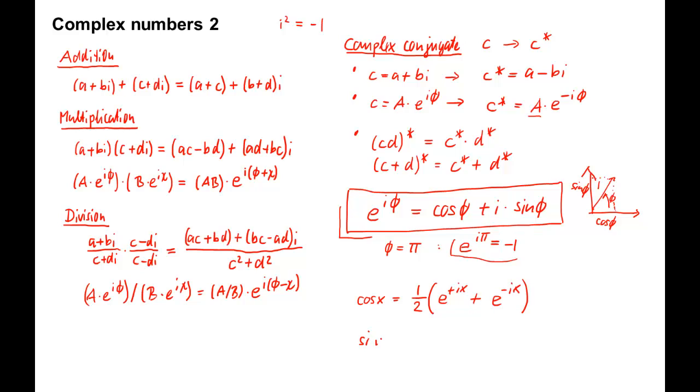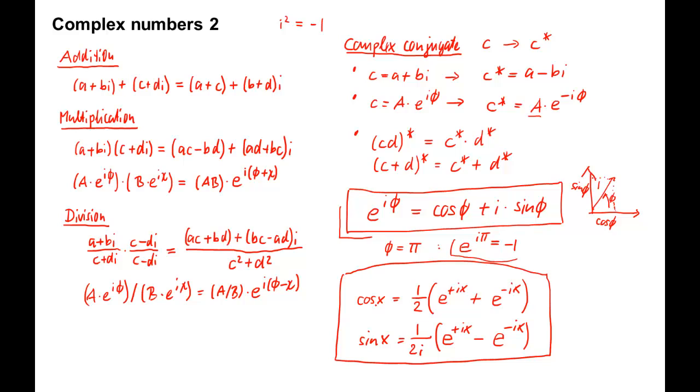Similarly, the sine of x equals 1 over 2i, don't forget the i here, times e to the plus ix minus e to the negative ix. These relations are the reason why complex numbers are so useful for describing periodic phenomena, not only in quantum physics but also in classical physics.